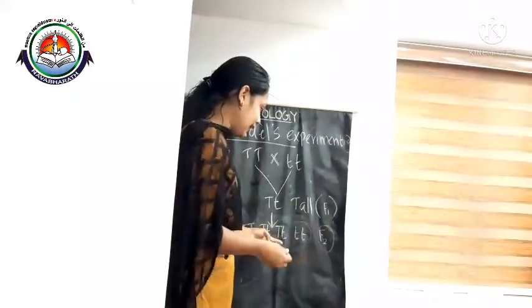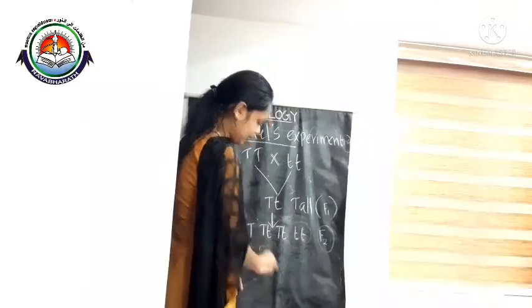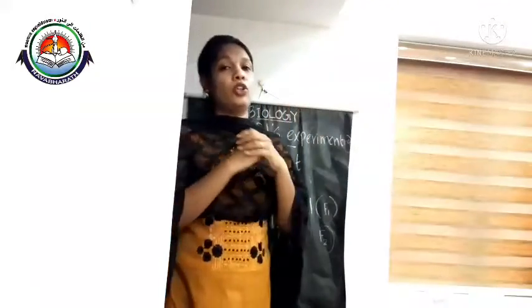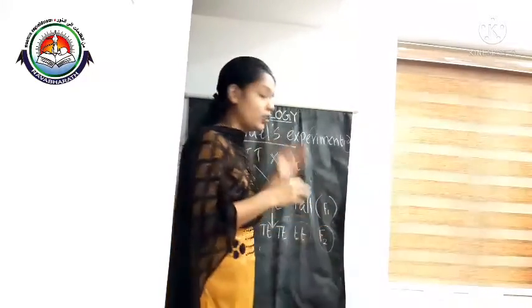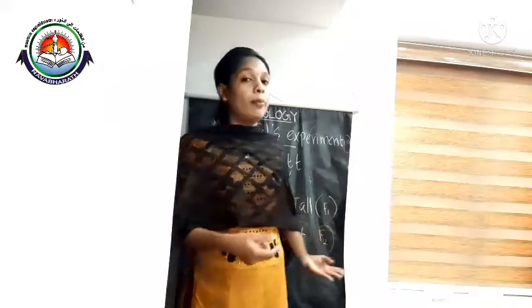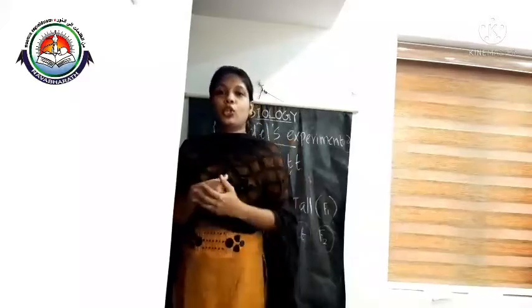So the capital T, the tallness factor, is dominant here, and the small t, the shortness factor, is a recessive trait. We have already studied the dominant trait and the recessive trait. So he identified the dominant trait as tallness and the recessive trait as shortness.